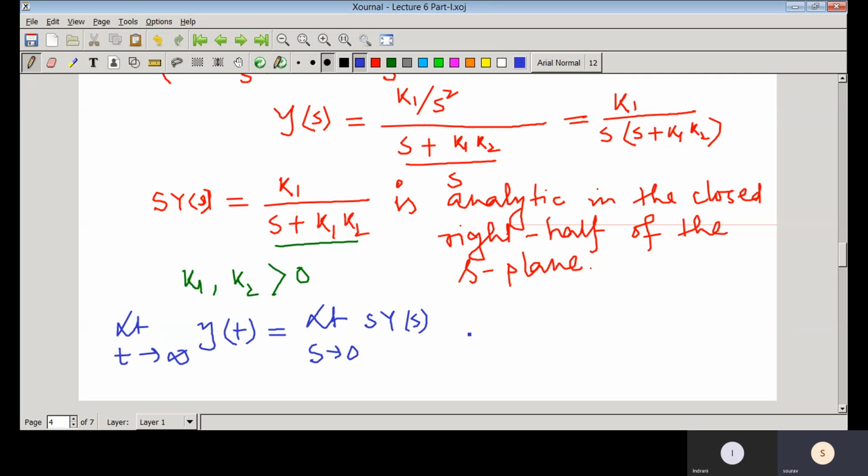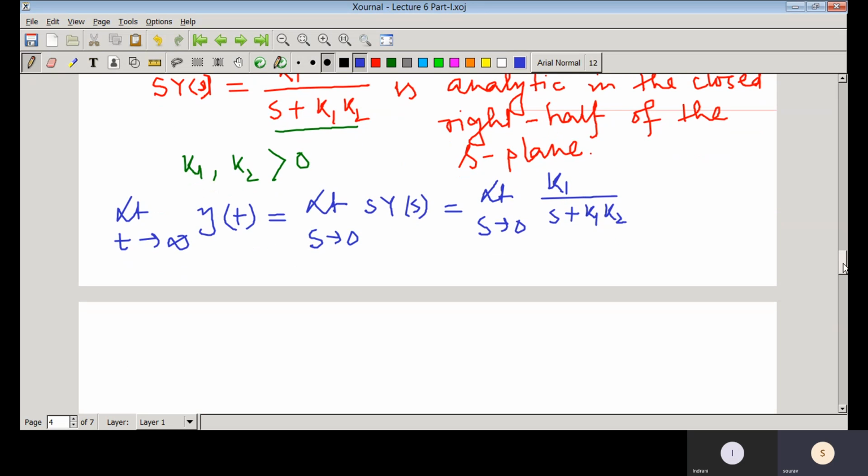So we get this relationship from the final value theorem, that is limit s tends to 0 of K1 divided by (s plus K1 K2), and you will get 1 by K2.